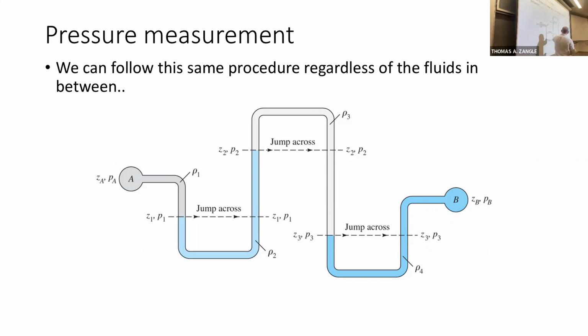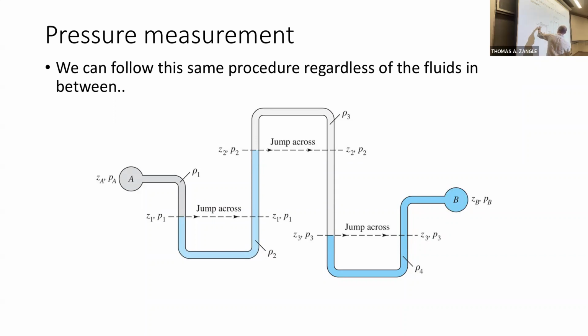Depending on the identities of the fluids, it's not immediately obvious how PA and PB are going to be related. So we can't say that PB is definitely less than PA, because we're not within the same fluid. There's no connected path in the same fluid. So we really have to solve this going all the way across.